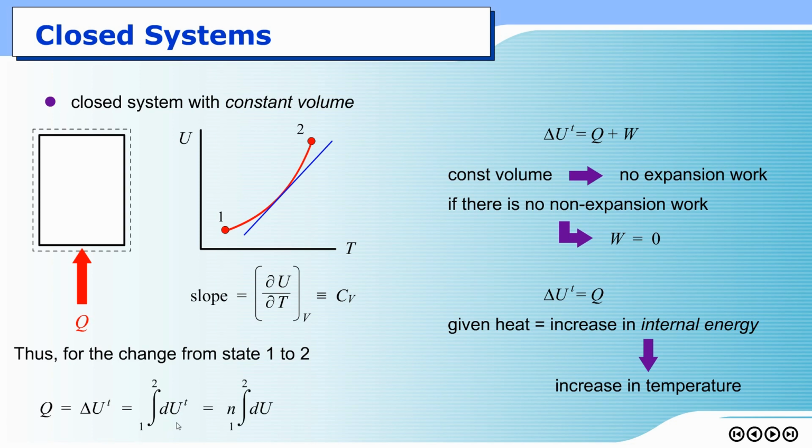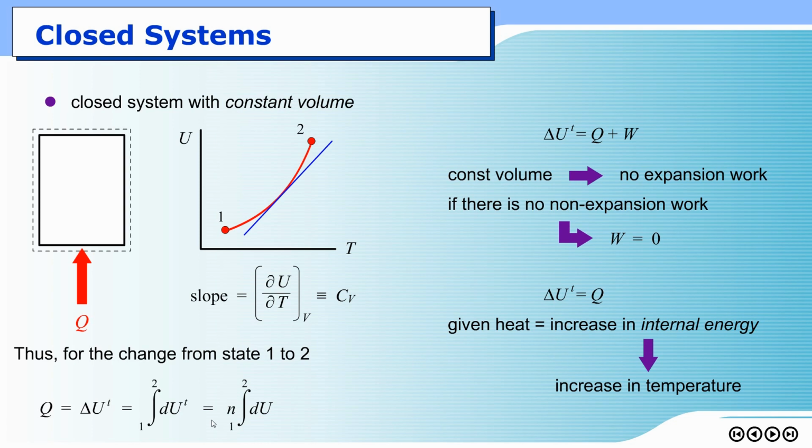This U is an extensive property, the total internal energy within the system. There is a T here to indicate that it is an extensive property. If I change from total internal energy into molar internal energy, we can split this UT to be N times u, where N is the total number of moles within the system.